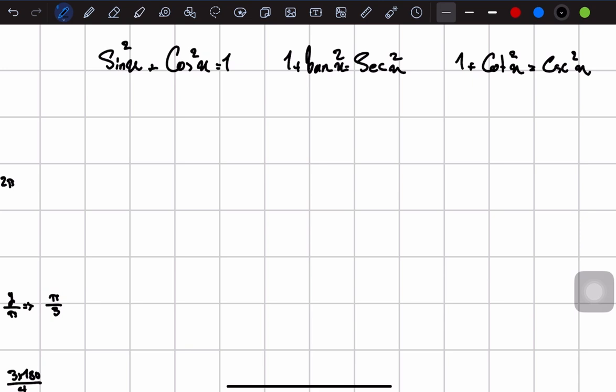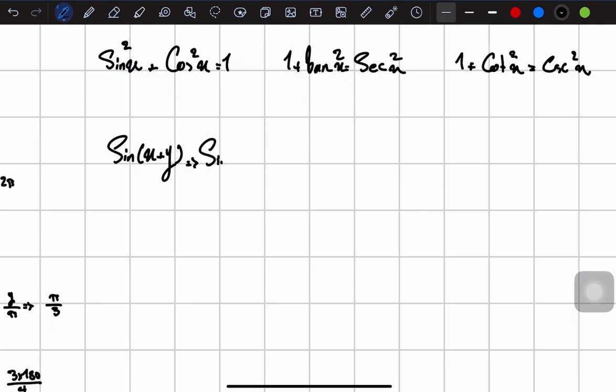Okay, and there are addition identities which can be very useful. For example, sine of x plus y. Here, for example, it says sine of 30 plus 45. We can't just separate them. We have to calculate them this way.